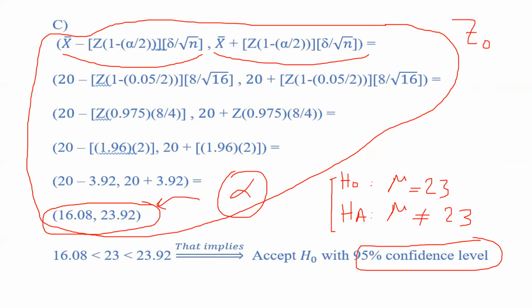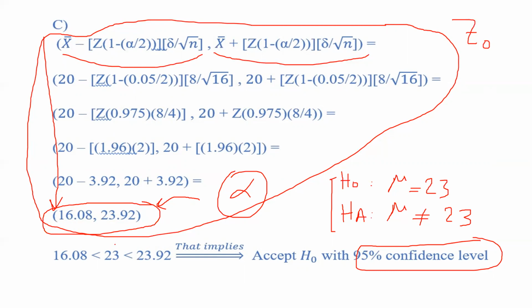If I change this confidence level, then you may find other results, and based on that, you may reject or accept the null hypothesis differently. We should also be careful with that. You can also practice by just changing the value of alpha. Anyway, let's say you know how to find the confidence interval by knowing what alpha is.